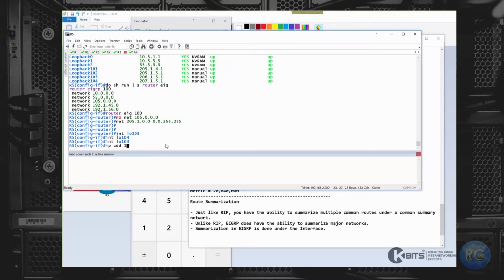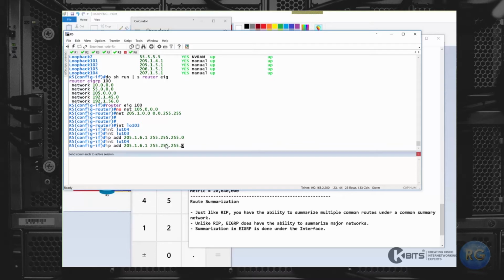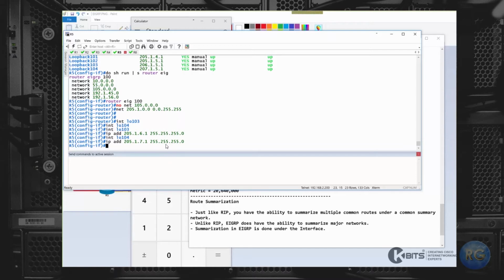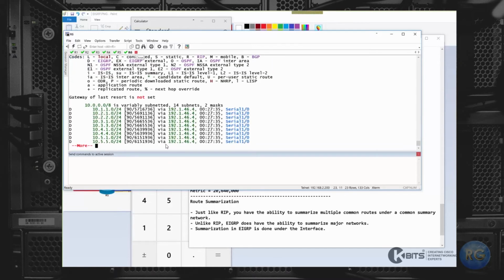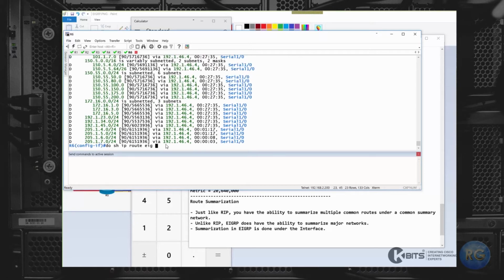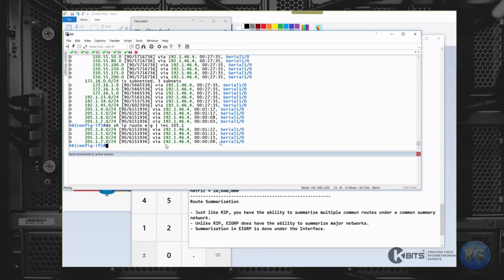IP address 205.1.6.1 and 7.1. Okay, now it should be there. There you go. So I have these 4 routes coming in.